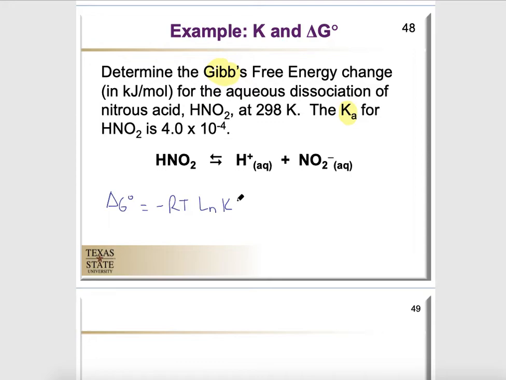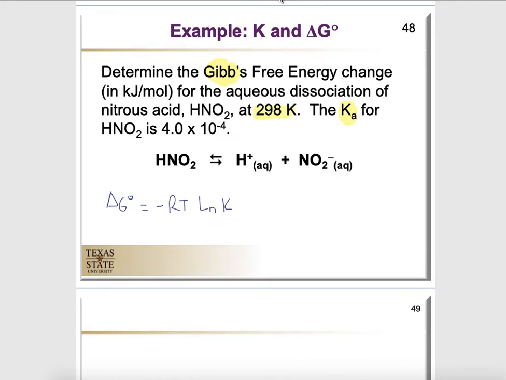The next thing I want us to think about: are we at standard conditions? Well, according to the only information that we have available, we are. The temperature being 298 Kelvin, we are at standard conditions. Great. And so we can just go ahead and plug in.